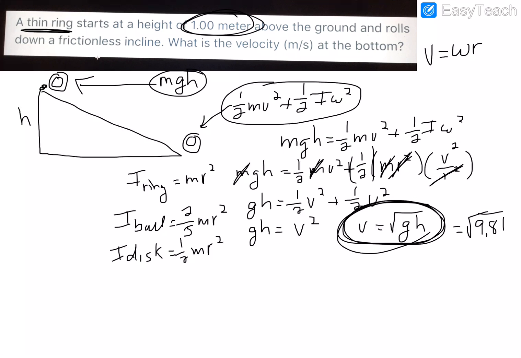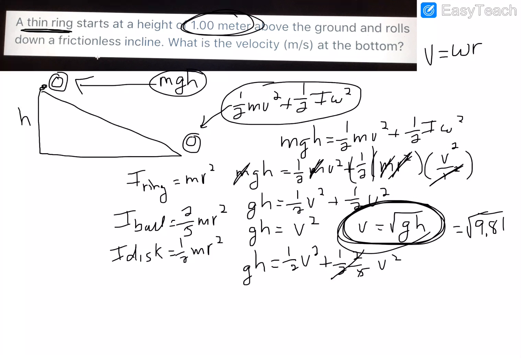So for a ball, what would it be? So I'd have gh equals 1/2 v squared. That part here would be still the same. Plus, so what would this one be? If I had a ball, it'd be 1/2 times 2/5 mr squared. So this would be 1/2 times 2/5, and you'd notice that the 2's would cancel out.